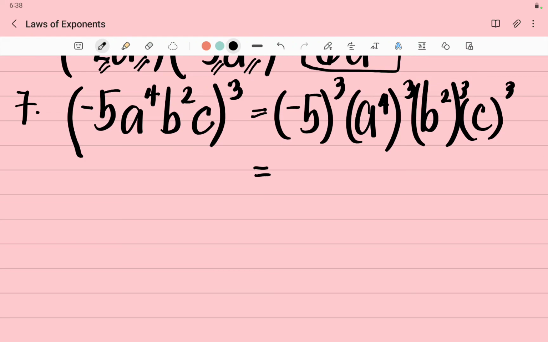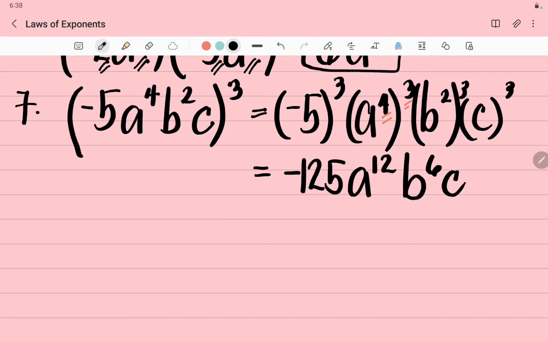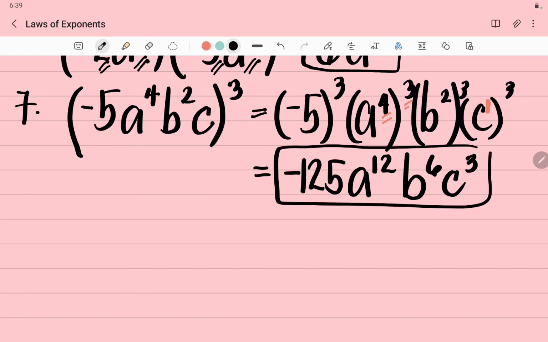Positive 25 times negative 5 is negative 125. Power of power again, so we have now a raised to 12. Power of power again, b raised to 6. And then power of power, c raised to 3, since that is c raised to 1. Remember that. Now, that is our final answer.